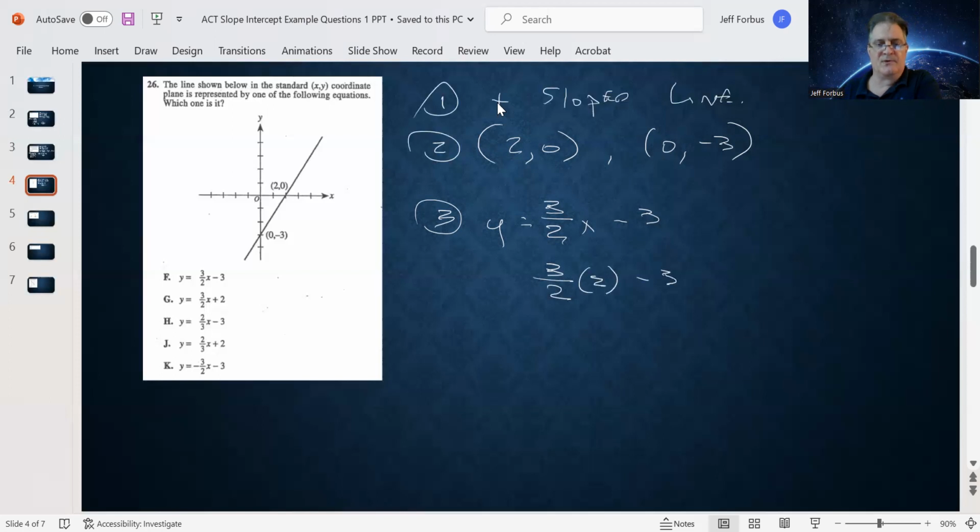So 3 times 2 is 6, 6 divided by 2 minus 3. 6 divided by 2 is equal to 3. 3 minus 3 is equal to 0. And that checks our point (2, 0). So with that being said, move on. We just found that our answer is F.